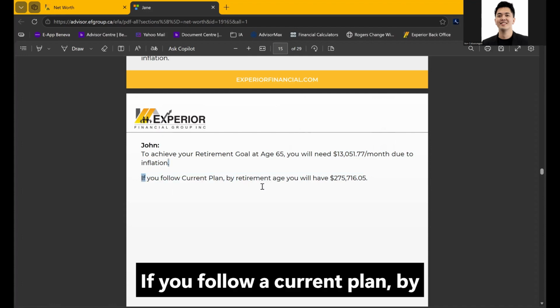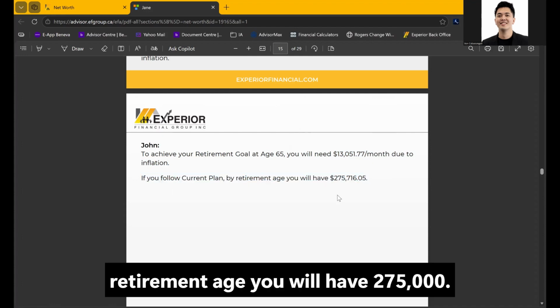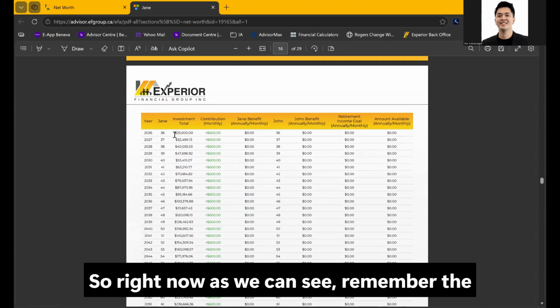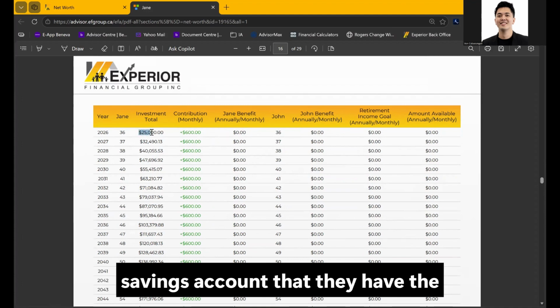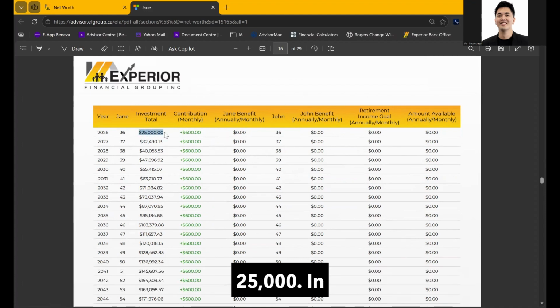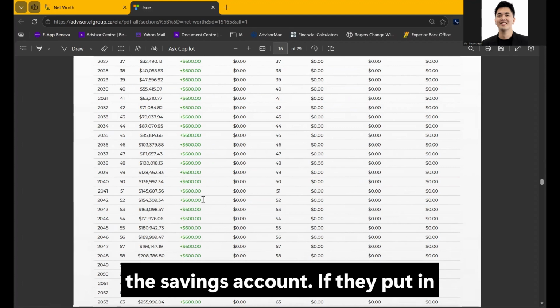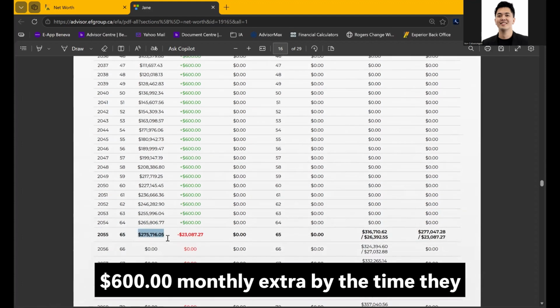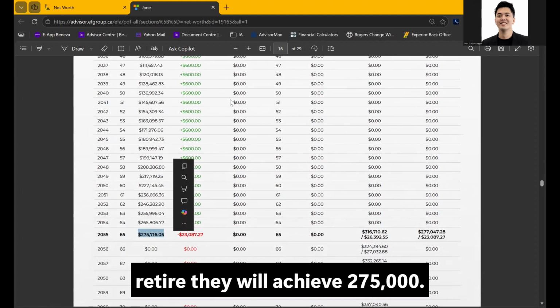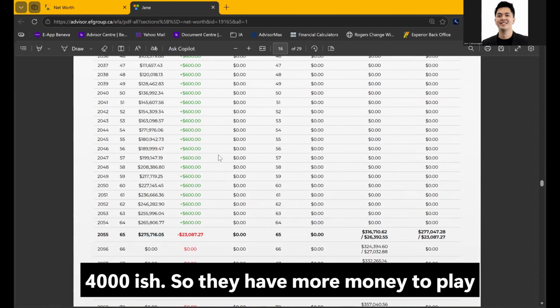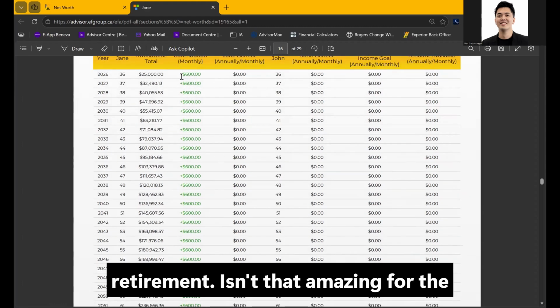If you follow the current plan, by retirement age you will have 275,000. So right now, as we can see, remember the savings account that they have, the 25,000 in total. This is the TFSA as well as the savings account. If they put in $600 monthly extra by the time they retire, they will achieve 275,000. And remember, their shortfall, or I mean their disposable balance, shows around 4,000-ish. So they have more money to put more money towards their retirement.